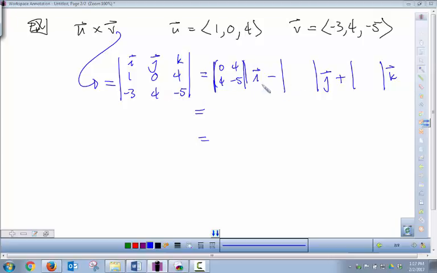Now remember that the J has a negative in front of it. And then now the submatrix that goes with that, if I look at the J component, is going to be 1, 4, -3, -5. And in the K component, it's just 1, 0, -3, 4.